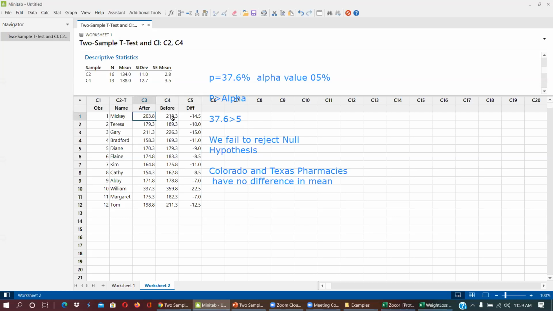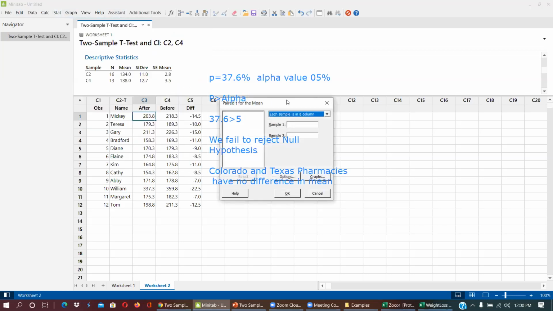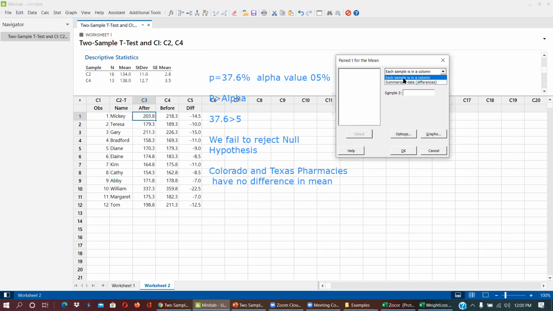Somebody did a workout, what kind of weight loss? Mickey got a 14.5 pound weight reduction. So basically before and after workout. What is this case? This is basic statistics, a paired sample t-test.